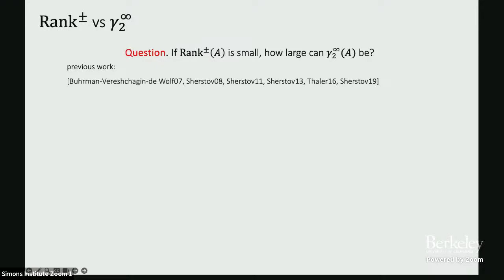Okay, so the first question that I'll be talking about is the following. It's a natural question: if sign rank is very small, how large can gamma 2 infinity be? Can you obtain some good upper bounds on gamma 2 infinity if the sign rank is small? There was a lot of previous work on this question.